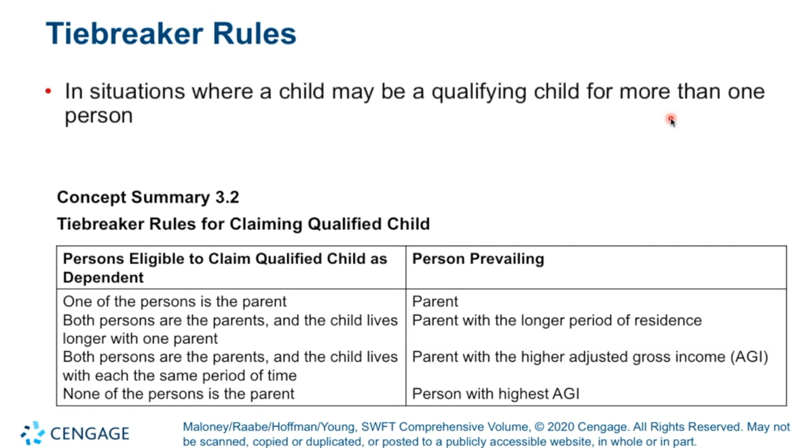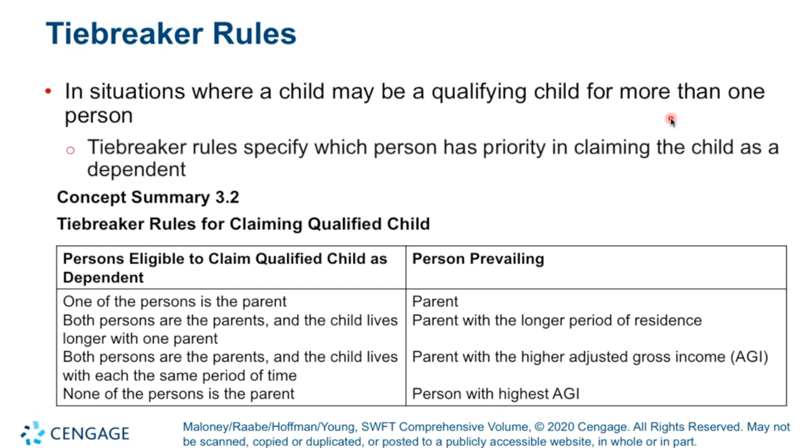Tiebreaker rules. So in a situation where a child might qualify as a qualifying child for a dependency from more than one person, there are what are called tiebreaker rules. And so we give priority to who gets to claim the child first. So if one of the people who are trying to claim the child as a dependent is a parent, the parent wins.